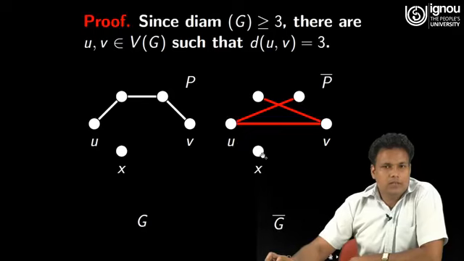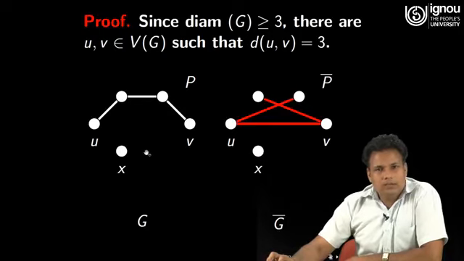For instance, suppose X is adjacent to U. In that case, for any vertex Y on this path, the distance between X and Y would be at most 3. It cannot cross 3.